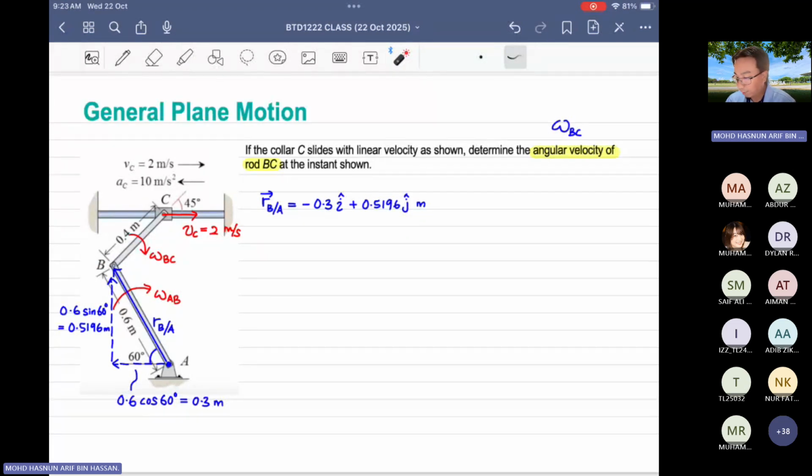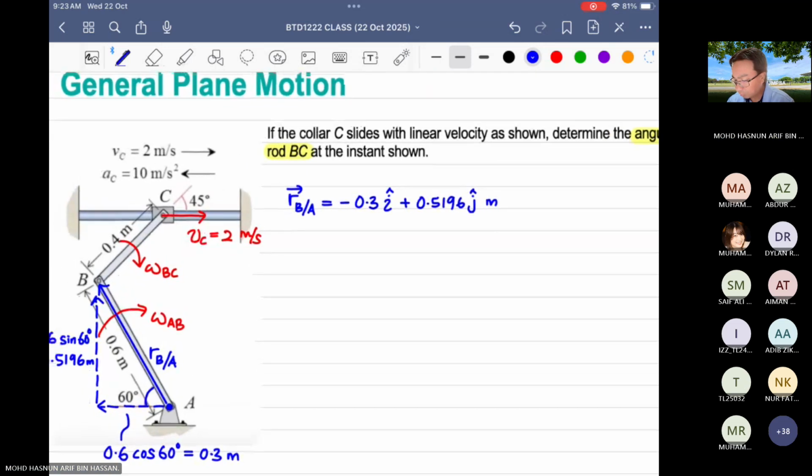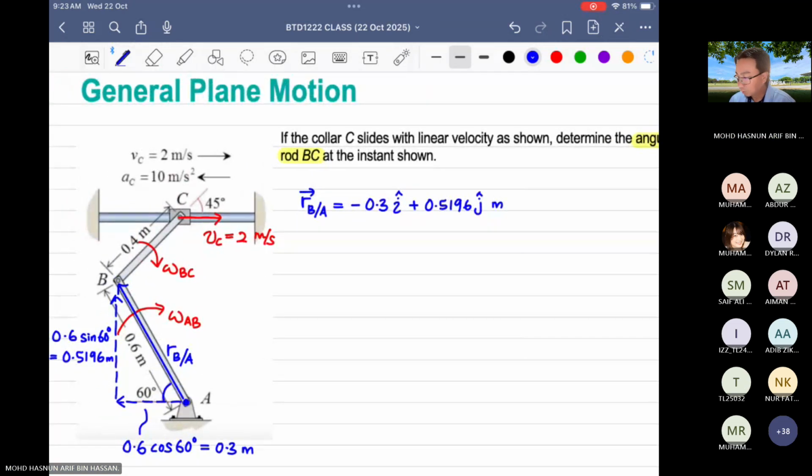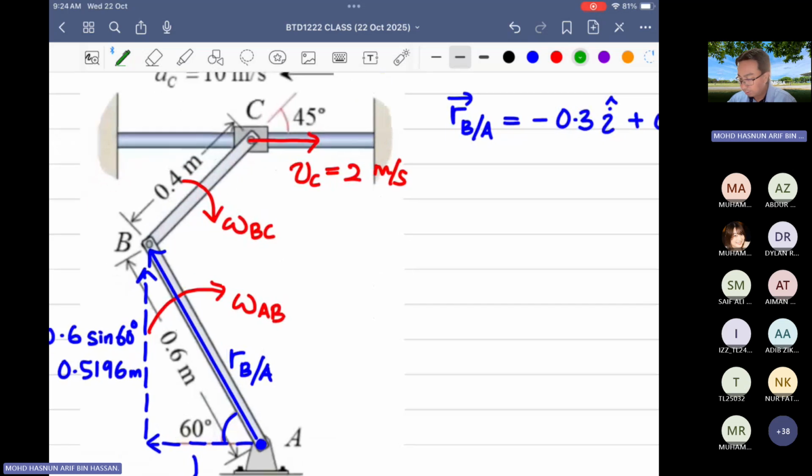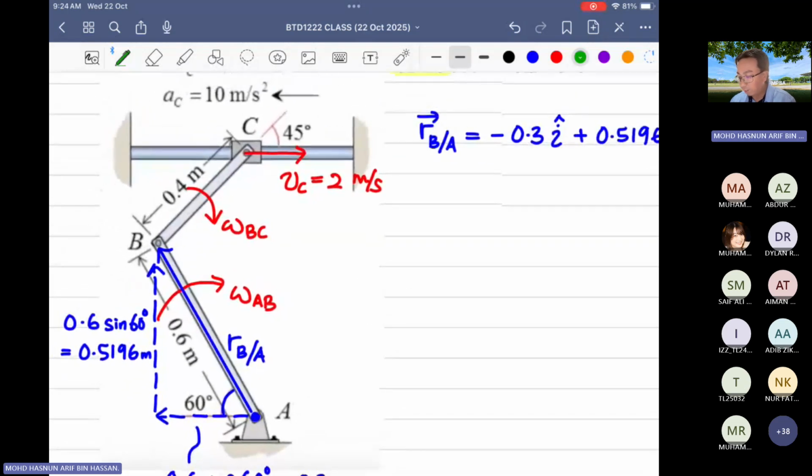So we can first calculate VB. Before we calculate VB, we need to draw the velocity vector of point B. This is point B over here.